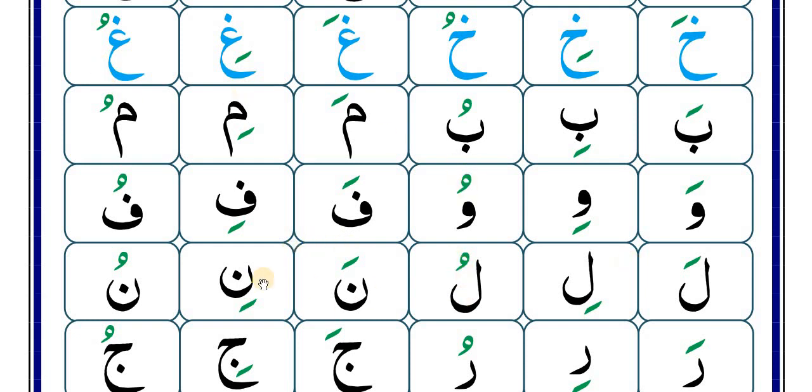Next letters are common letters, so there are not any specific rules. Ba, bi, bu. Ma, mi, mu. Wa, wi, wu.